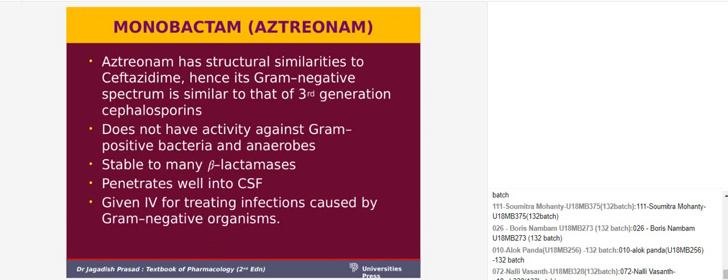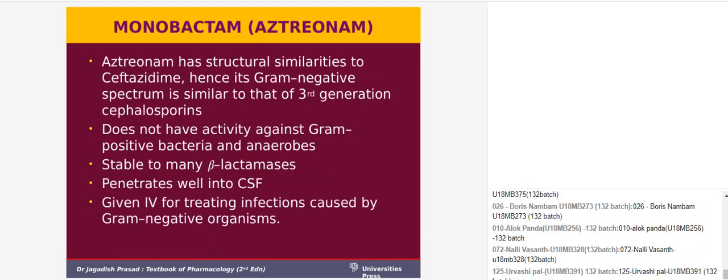And if you see the monobactam, this is aztreonam, whose structure is similar to that of ceftazidime. This is effective in gram-negative organisms and is similar to the third generation cephalosporins.